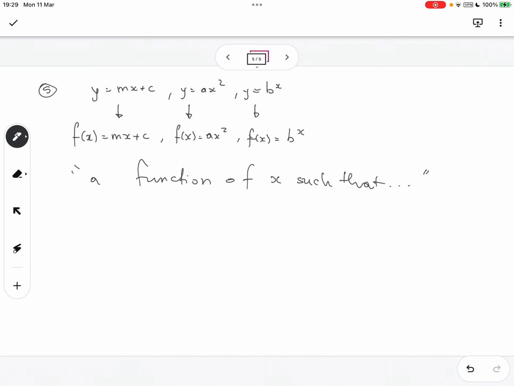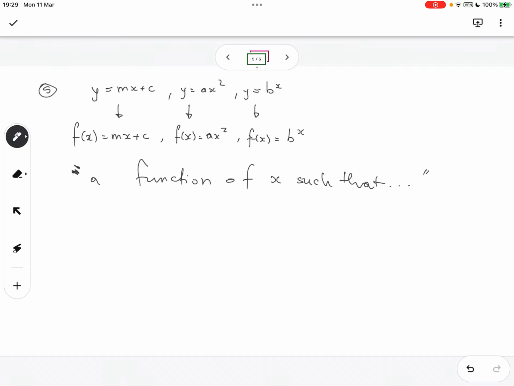It simply means you can replace the y with f of x.